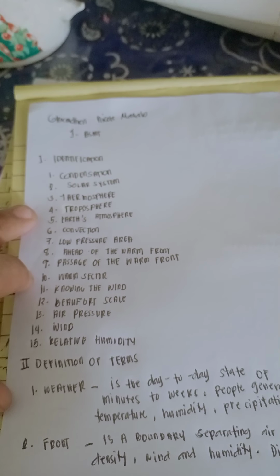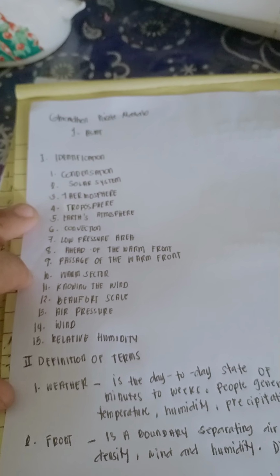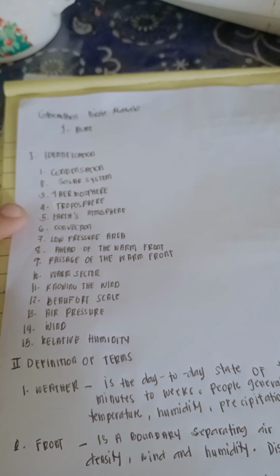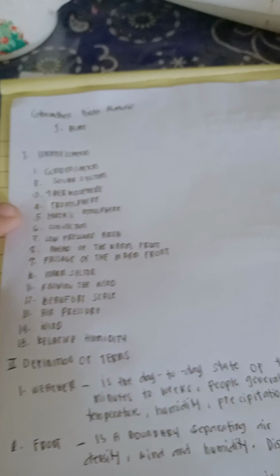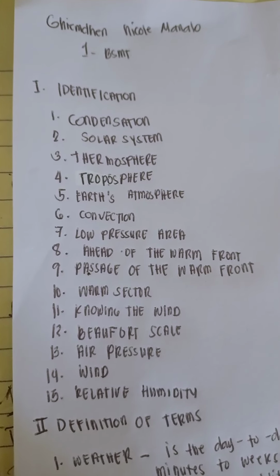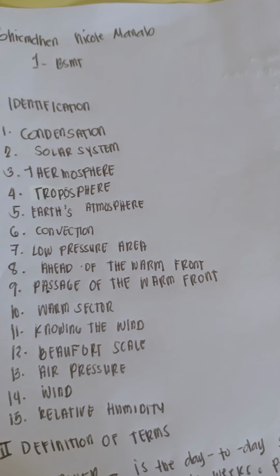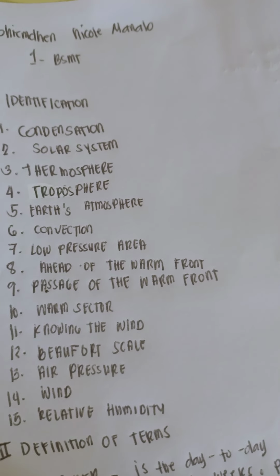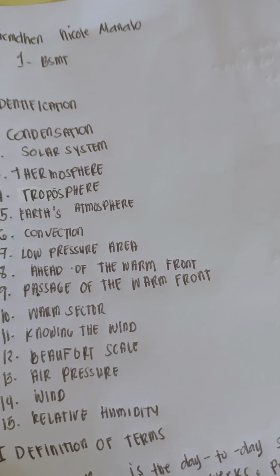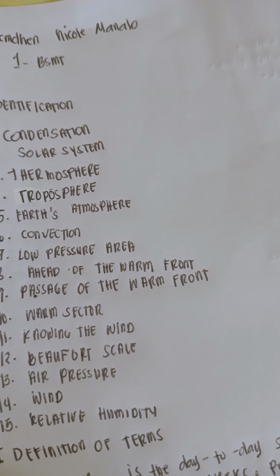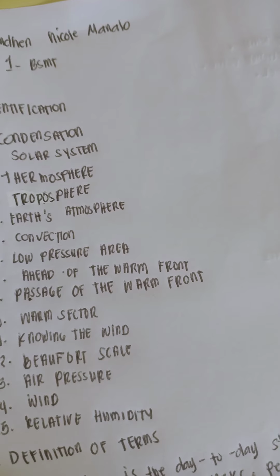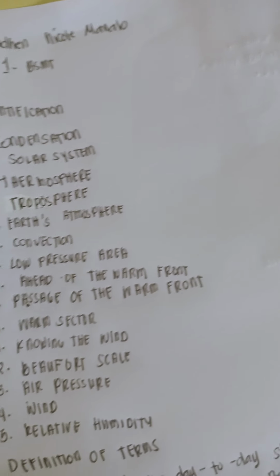What is the layer's name? The layer's name is troposphere. In number 5, we have the question: what protects and sustains the planet's inhabitants by providing warmth and absorbing harmful solar rays?